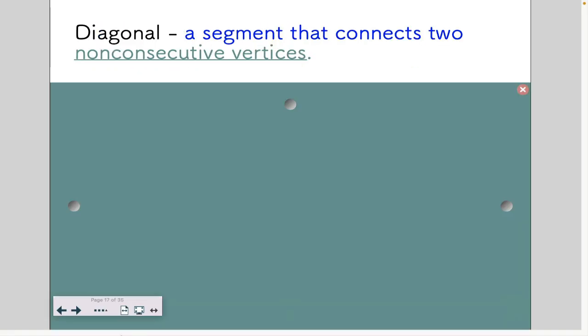Couple other definitions. A diagonal. You need this one. A diagonal is a segment that connects two non-consecutive vertices. Why do they have to be non-consecutive? If you connect two consecutive ones, that's just a side.